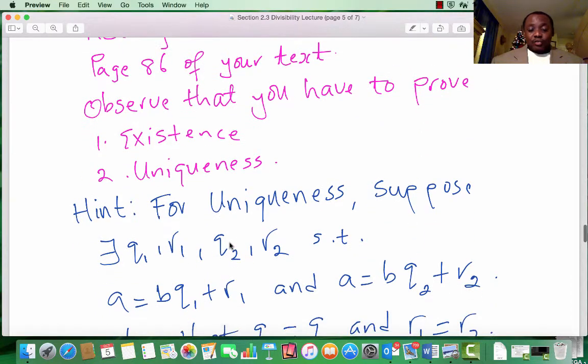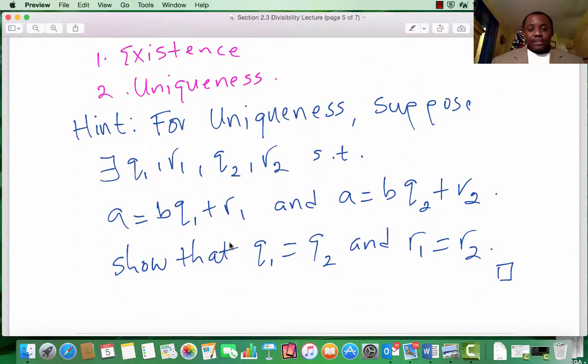Just as we've done before in proofs involving uniqueness, you would have to suppose that there exist integers Q1, R1, Q2, R2 such that A equals BQ1 plus R1, A equals BQ2 plus R2, and then show that Q1 must be equal to Q2 and R1 must be equal to R2. Again, I would leave that as a simple reading exercise for serious students.